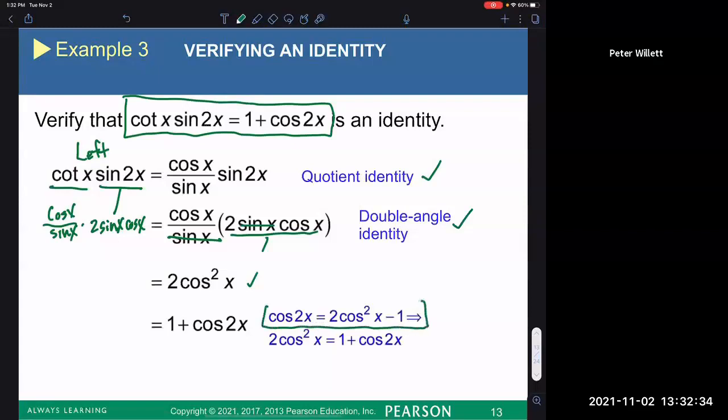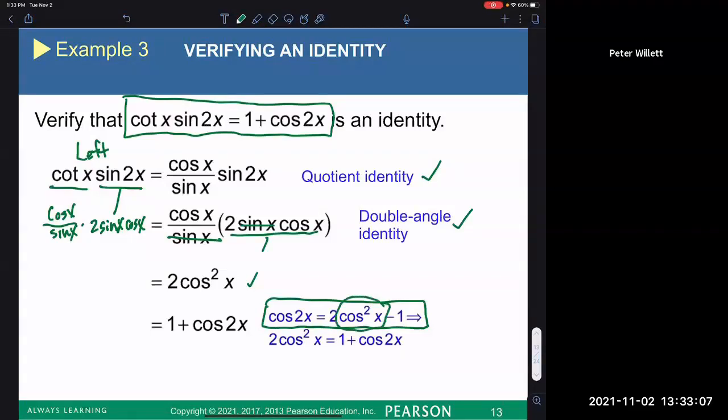One of our formats for cosine 2x involved writing it only in terms of cosine x instead of in sine and cosine. And so what we can see is the cosine squared x is sitting inside of this expression.